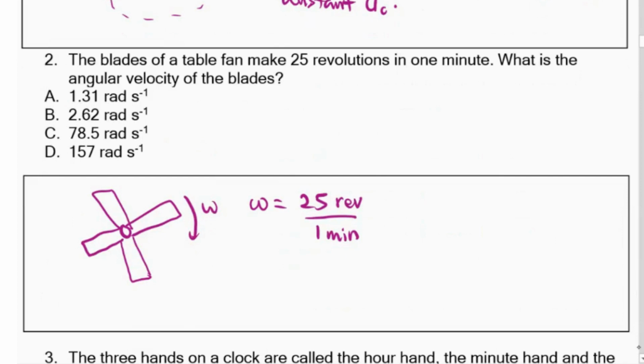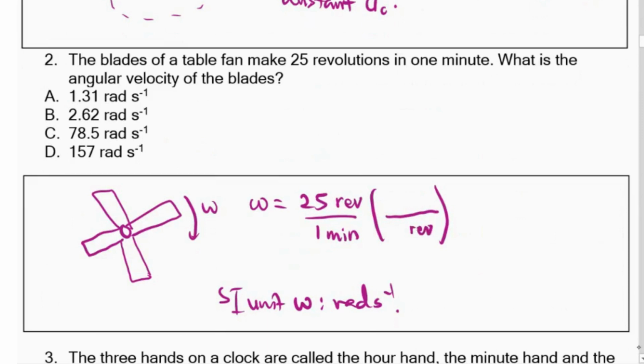So we need to convert omega into its SI unit. We must know that the SI unit for omega is radian per second. So the revolution must be converted to radian. Put the revolution down and radian up, so the revolution can be cancelled out. The minute changes to seconds, so we put the minute up and the second down, and the minute can be cancelled out.